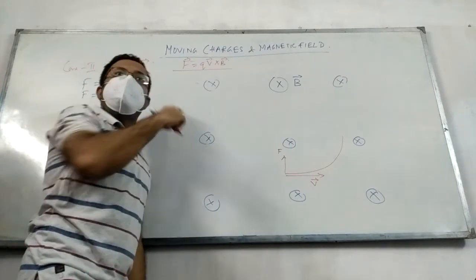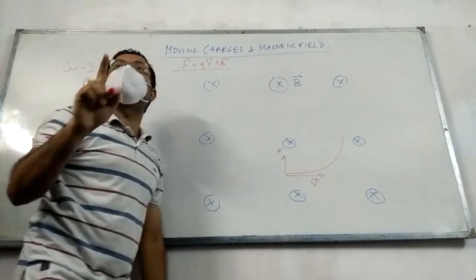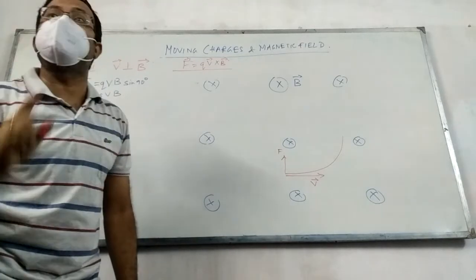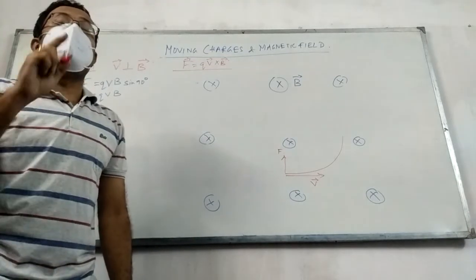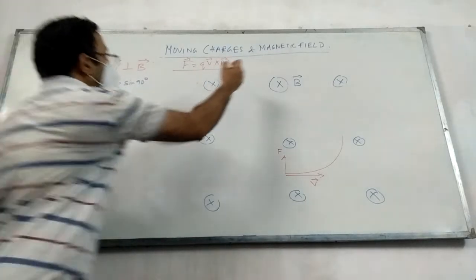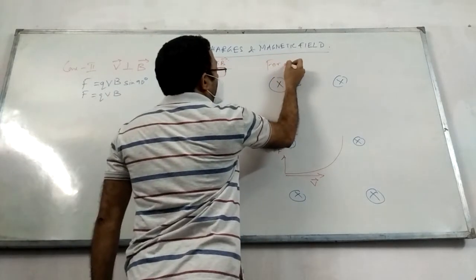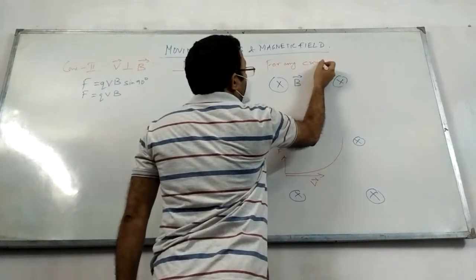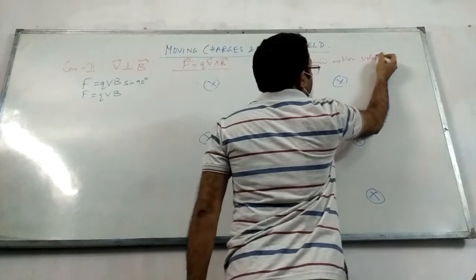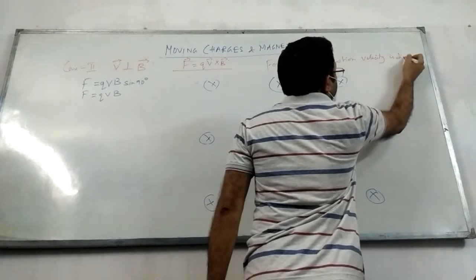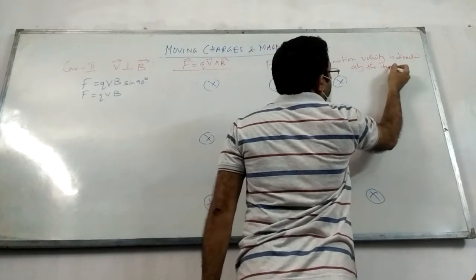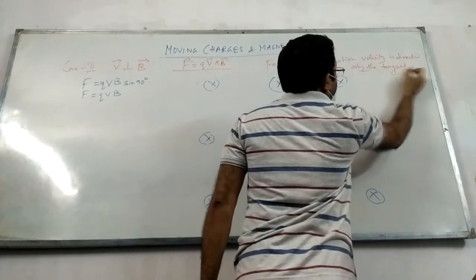You know that for any curved path, the velocity is directed along which direction? Along the tangent. For any curved motion, velocity is directed along the tangent. Keep this in mind. It's a very important concept.